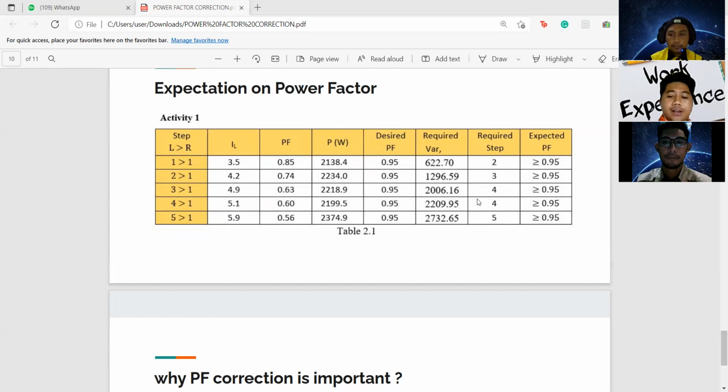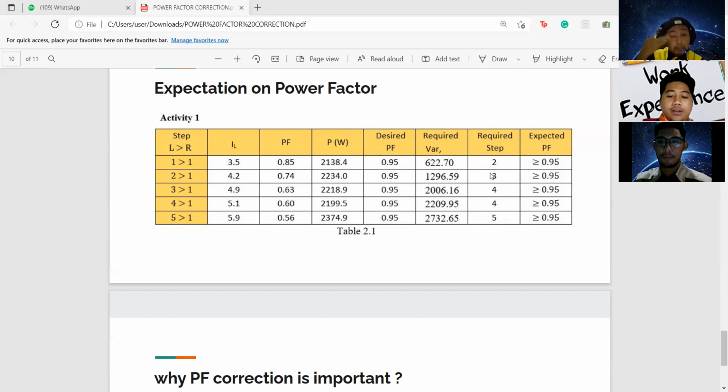We can see that when I line increases, the power factor will decrease. So the desired power factor, or the power factor that we want for our improvement, is 0.95 for all. So in order to do that, we need to add a certain amount of capacitance, right? So let's look at step 1 for switching 1 to 1.